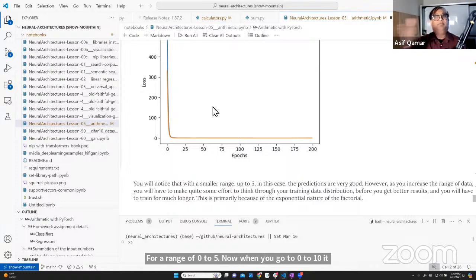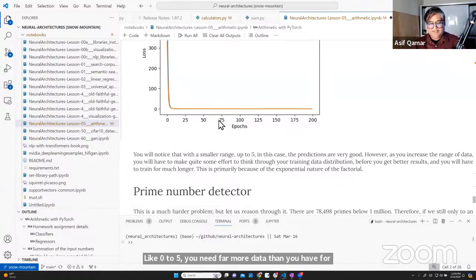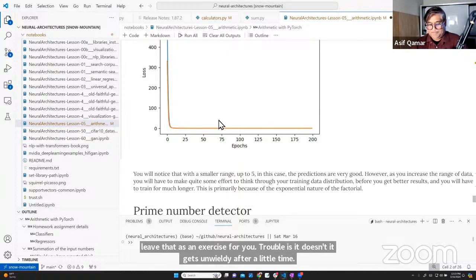You can't take a uniform distribution of training data. You'll have to have a lot more data at the beginning of the range. Like 0 to 5, you need far more data than you have for the much larger range. It will converge. I leave that as an exercise for you. The trouble is, it gets unwieldy after a little time, simply because of the limitations.